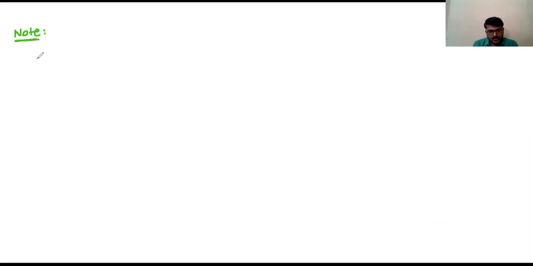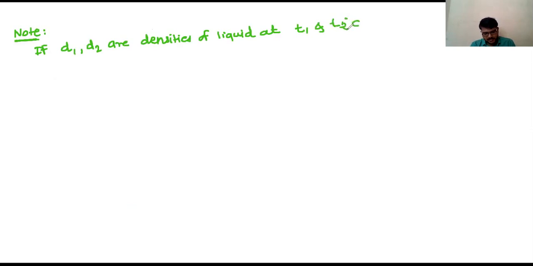Note point: if D1, D2 are densities of liquid at T1 and T2 degree Celsius, and V1, V2 are volumes of object or solid, you can say, at T1 and T2 degrees Celsius.